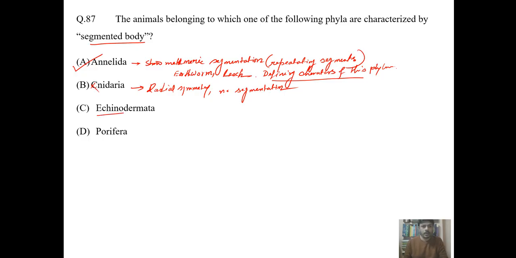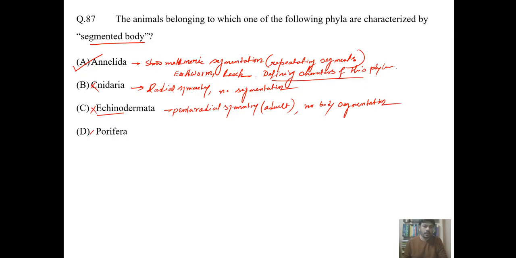If we see Echinodermata, they also show pentaradial symmetry and no body segmentation. So this is also wrong.